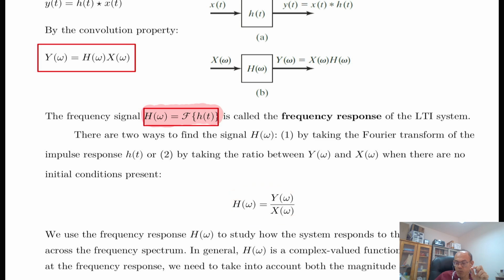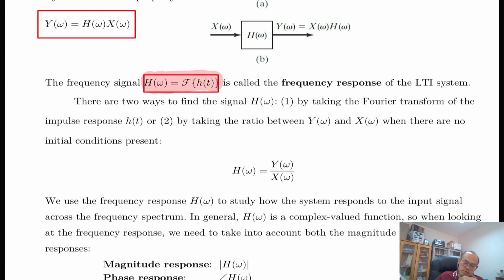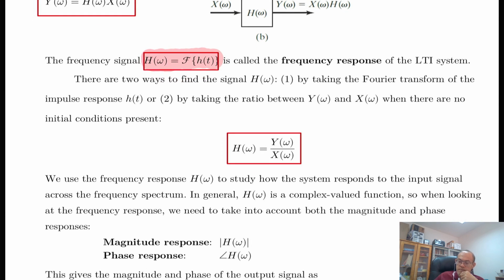But if you don't know y and x, but instead you know the impulse response, then you could also find the frequency response by taking the Fourier transform of the impulse response. So there are two ways to find the frequency response, either using this equation or using this equation.